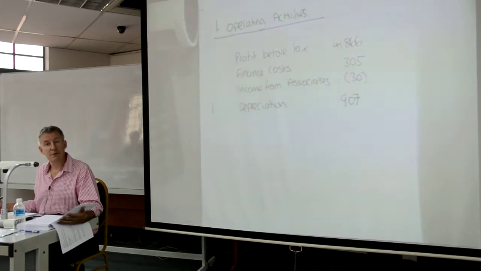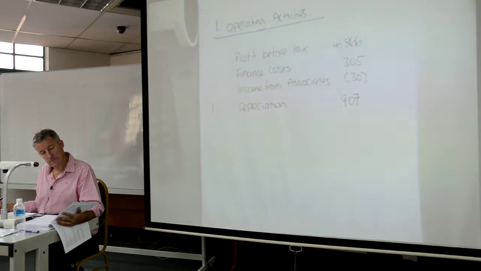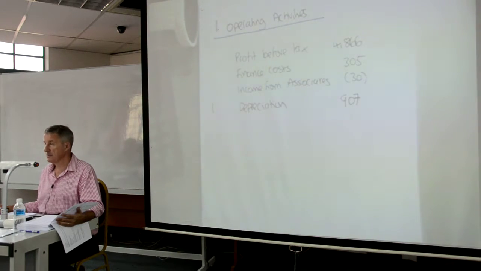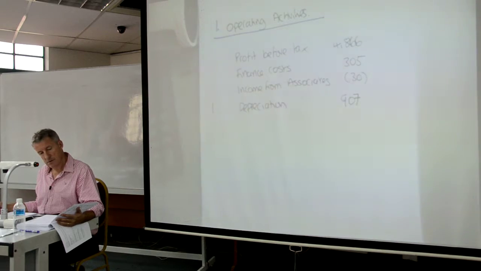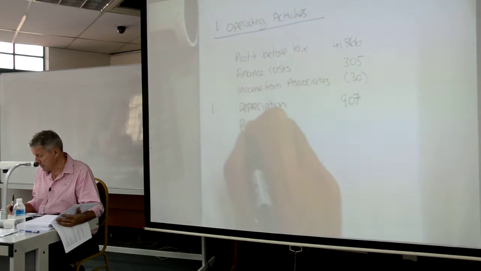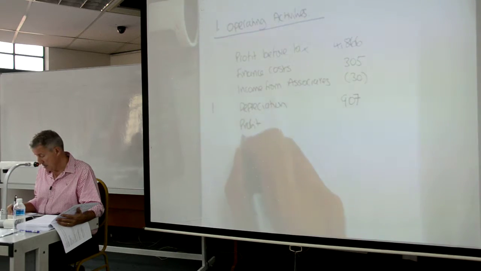Now, whilst we are at note number 1, we may as well read it. Depreciation is 907. There's been a disposal of plant for 854, and the plant had a profit or loss? Profit or loss on disposal? Profit. Come on, how much are you selling it for? 854.